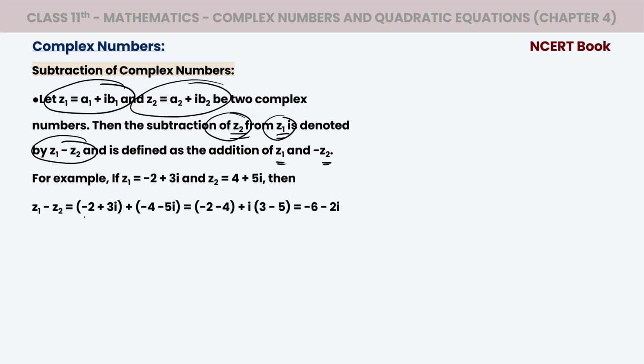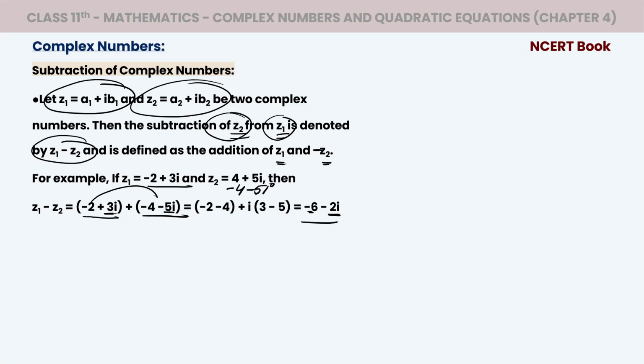So here I am taking minus 2 plus 3 iota, this is z1. And in place of z2 what should be there? Minus z2. So here minus 4 and here minus 5 iota. So keep the value, minus 2 minus 4 is equal to minus 6, and plus 3 and minus 5 is equal to minus 2. Answer is minus 6 minus 2 iota.